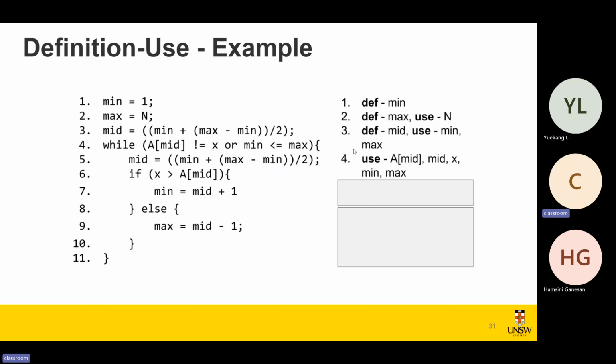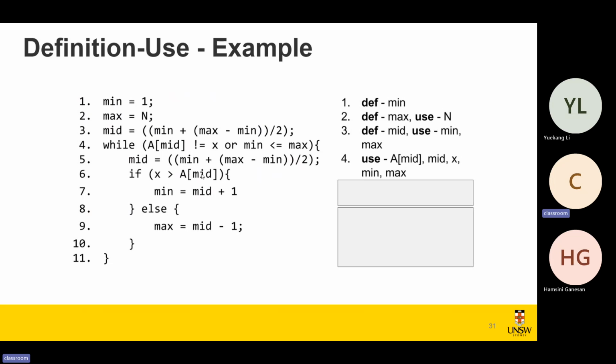No, but we use the array A. Let's assume A is defined somewhere else or passed as a parameter before. A[mid], the element of A, is being used. Mid is also used because it is the index for accessing array elements. X is used because it's in the expression A[mid] not equal to X. And min and max are obviously also used.